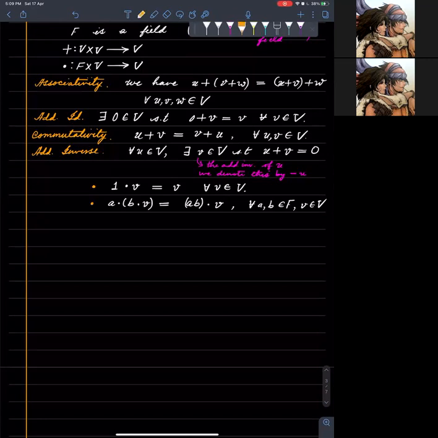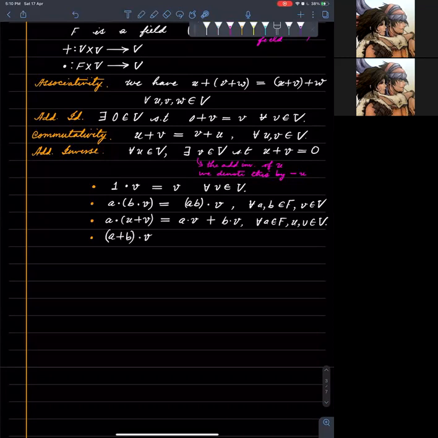And now distributivity, which is a dot u plus v is what you guess. Again, for all a in F and u, v in V. And another counterpart of this distributivity is that a plus b dot v.